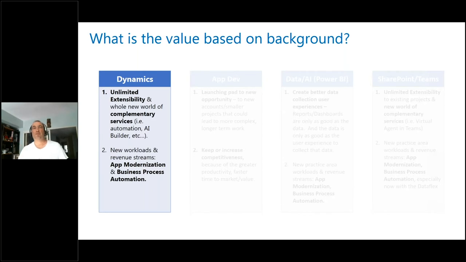And so if you have a Dynamics background, a business apps background, what the Power Platform allows you to do is really unlimited extensibility. It takes you to a whole new world of complementary services that were simply not possible in the past. Like, for example, automation, AI Builder. It also brings in new workloads and revenue streams that we didn't have before, like application modernization, business process automation.